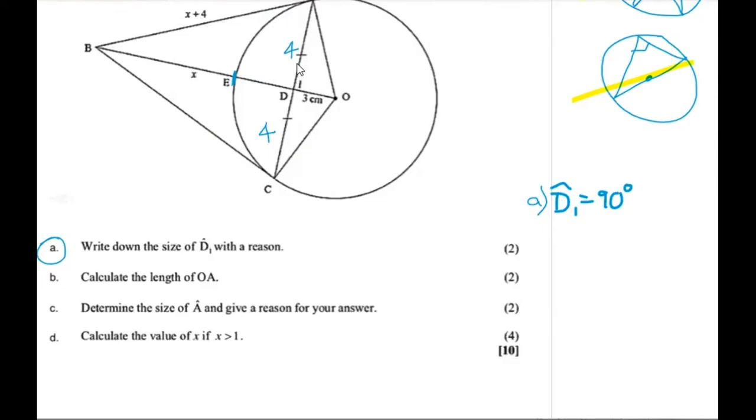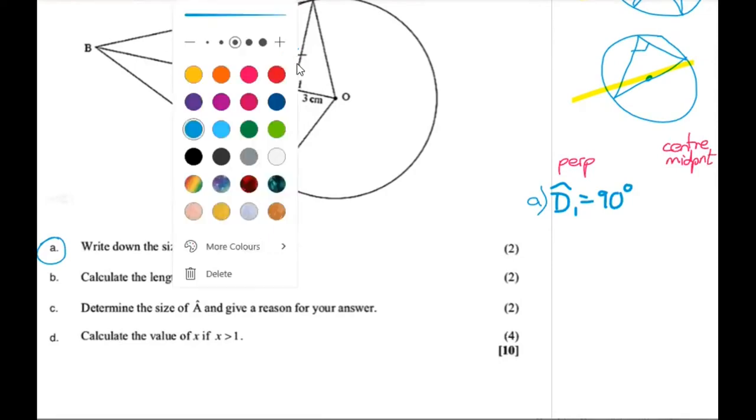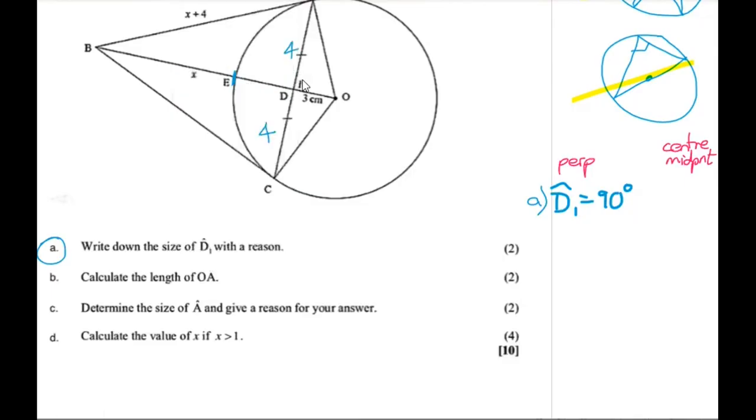Okay, and your reason, please make sure you've used all 3 concepts. Remember that theorem 1. So this is the perpendicular, which means my reason has to use the center and the midpoint. And that will help you to figure out what your reason is going to be.